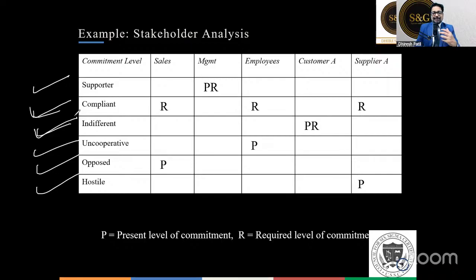Indifferent means there is no impact for them, not much impact. They are indifferent. उनको कुछ फर्क नहीं पड़ता है, kind of thing. Are you understanding? Then uncooperative, they are not cooperating with the project. Opposing is another level of uncooperation.